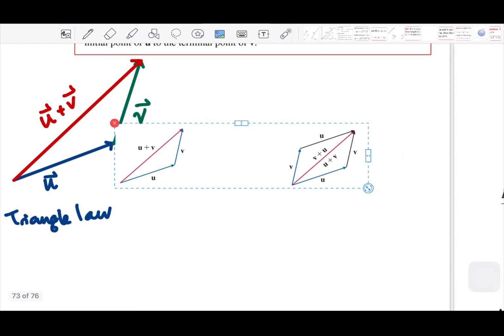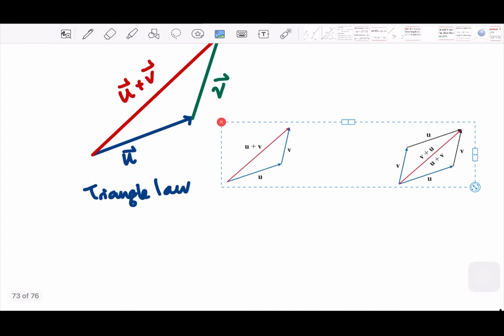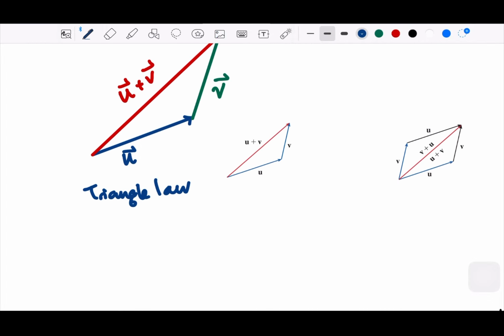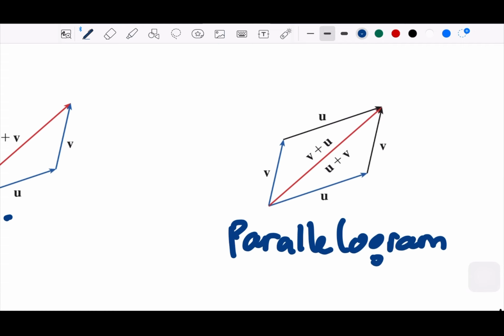We can also have another point of view: aside from the triangle law, we can also have the parallelogram. The idea is still the same, that v has the same direction, and u also has the same direction.